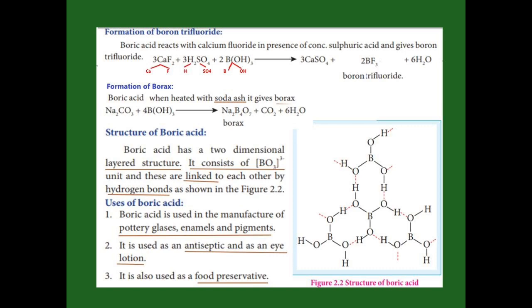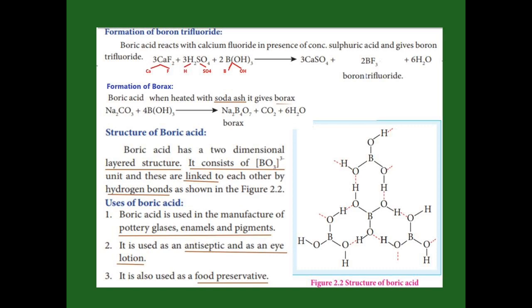Now the calcium reacts with the sulfate and gives CaSO4, and then fluorine reacts with the boron. Boron valency is 3 and fluorine valency is minus 1. Crisscross these two numbers, we get BF3, boron trifluoride. Afterward, the H from the sulfuric acid and OH from the boric acid react with each other. It gives 6 moles of water.